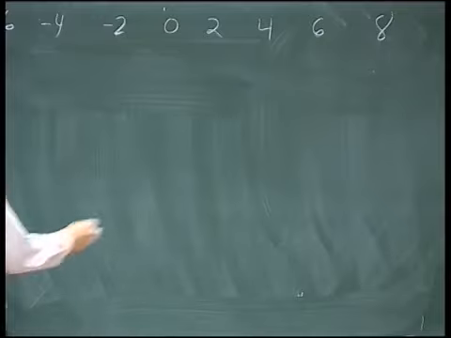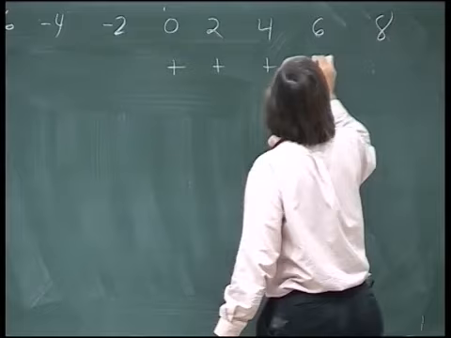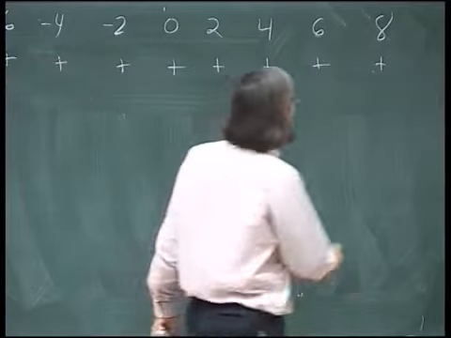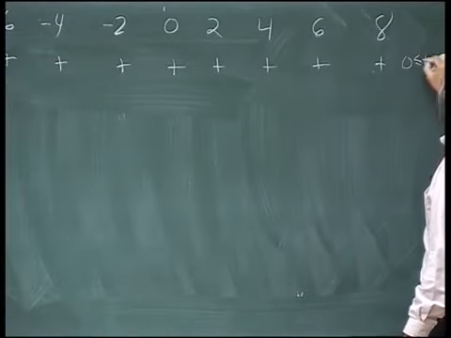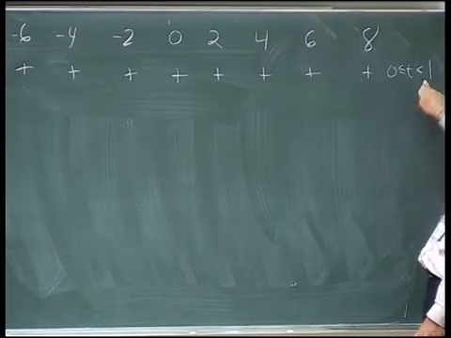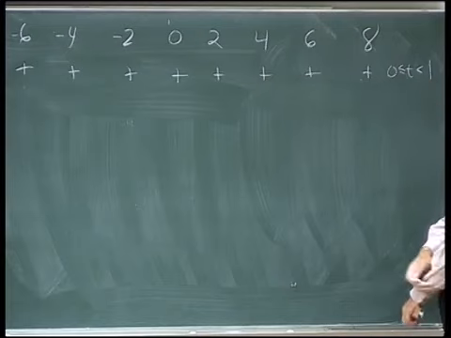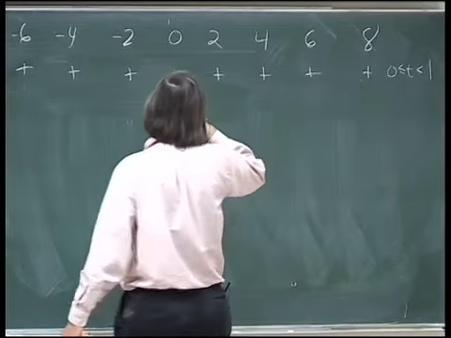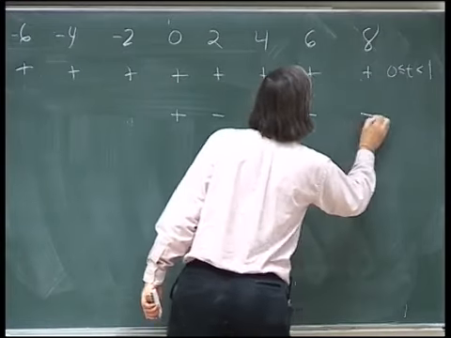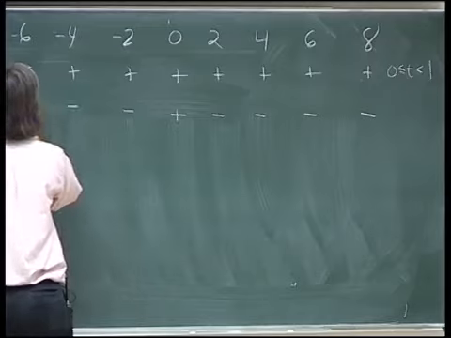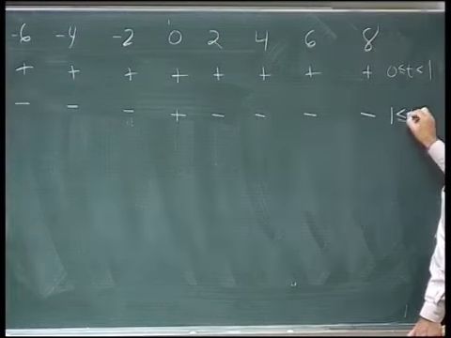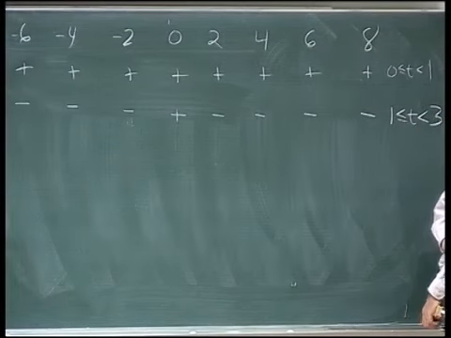The form has all pluses for T between 0 and 1, strictly less than 1, then it becomes like this for 1 less than or equal to T less than 3.